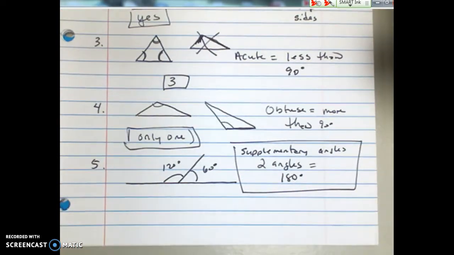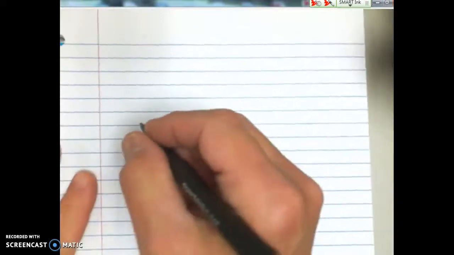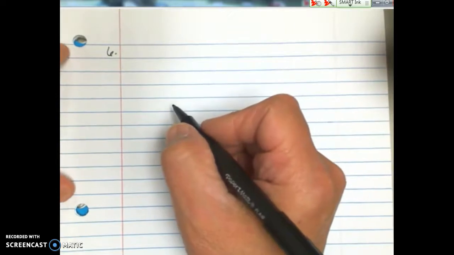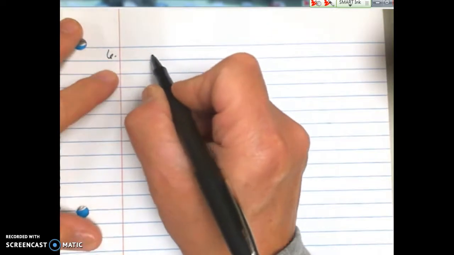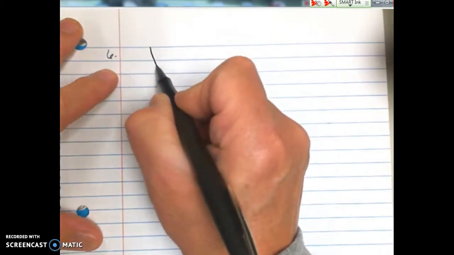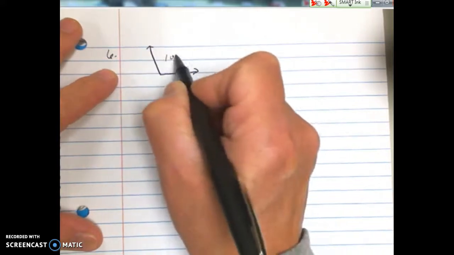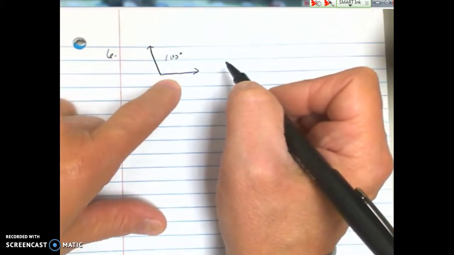Let's go on to number 6. Number 6 is an angle with a measurement of 100 degrees is an example of what kind of angle. So if we have an angle with a measurement of 100 degrees, which is a little bit more than a right angle, what kind of angle is that?